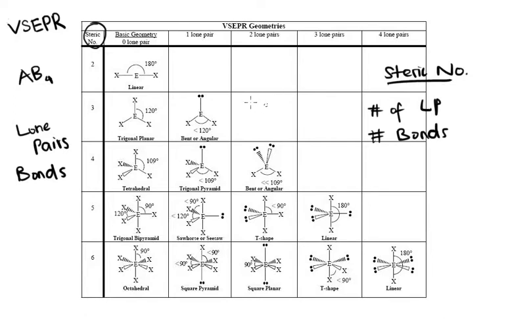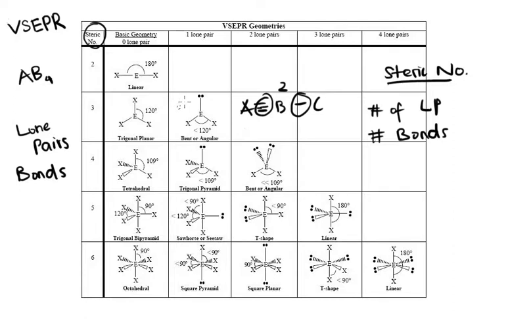Now, a quick disclaimer: let's say you have a triple bond and you're looking at the central atom. This still has a steric number of 2, regardless of the fact that it's a triple bond. This is just 1 in steric number terms. So one bonding region, another bonding region, so that's 2.